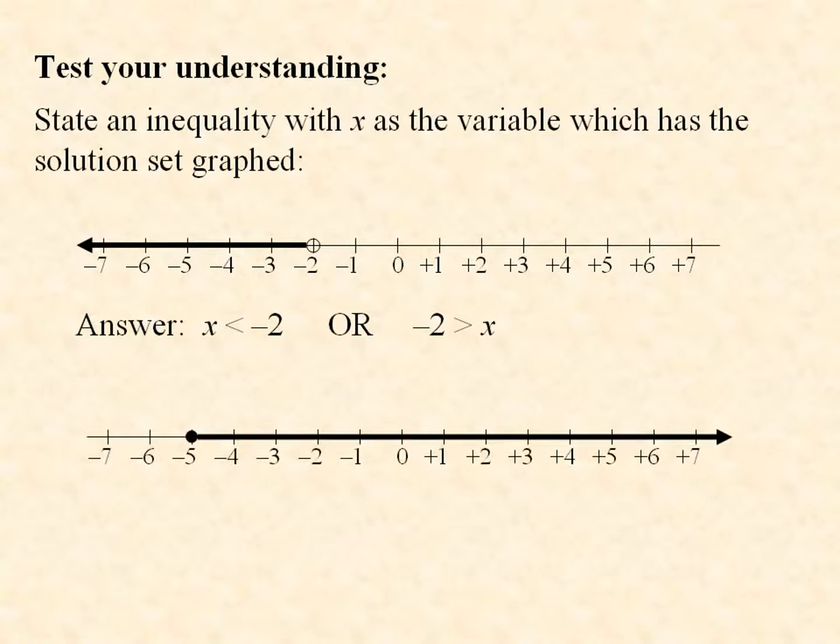How about this one? It has a solid dot at -5. You could say x is greater than or equal to -5. Or if you talk about -5 first, you could say -5 is less than or equal to x because -5 is left of the shaded part.